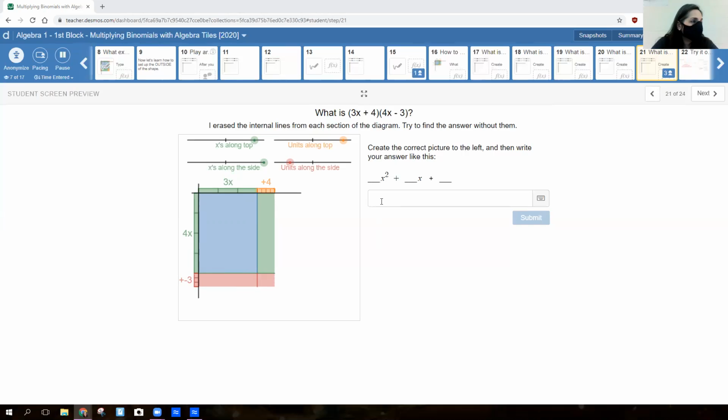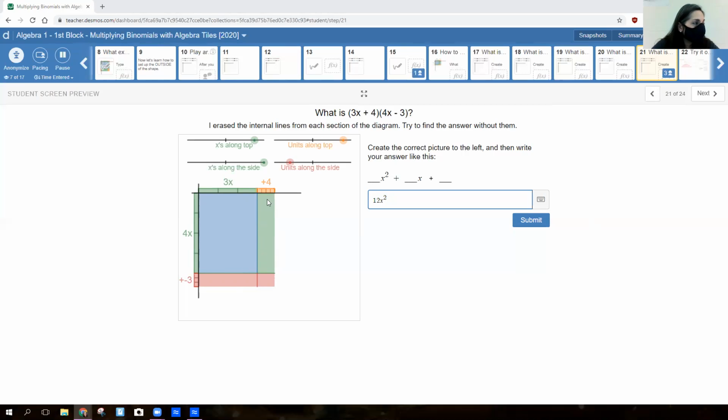Nice job. We've all got the first term, 12x squared. Okay, good.